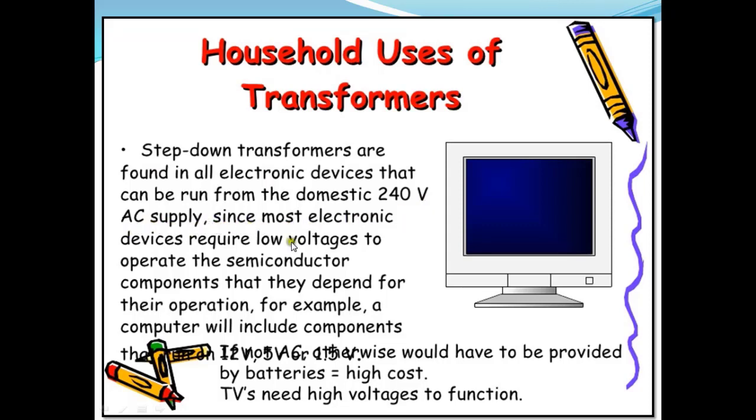Since most electronic devices require low voltages to operate, the semiconductor components they depend on for their operation, for example computers, TV, fridge and other home electronic instruments, use electric current of 240 volt.